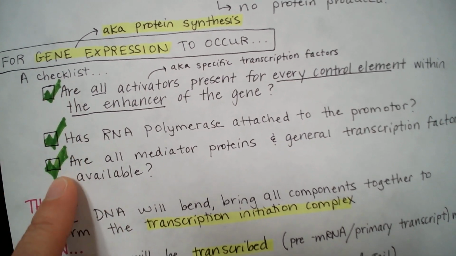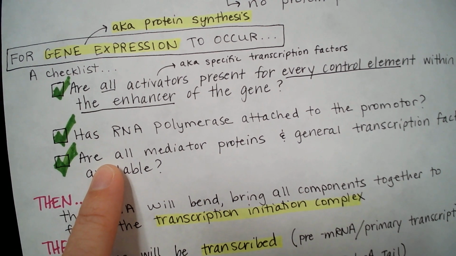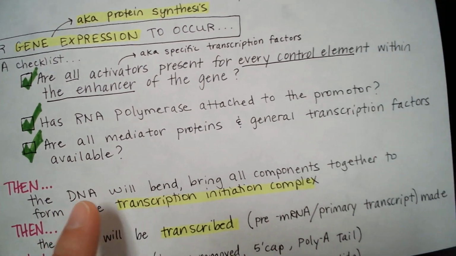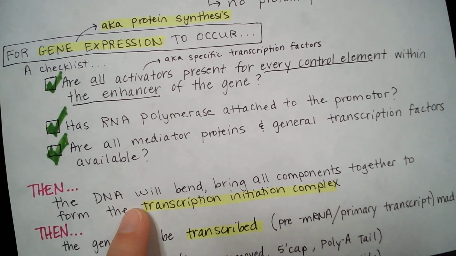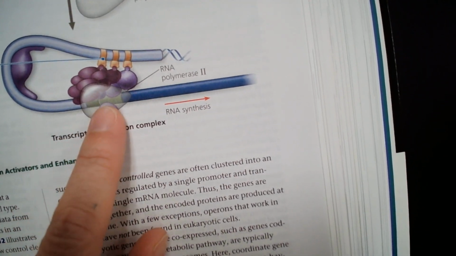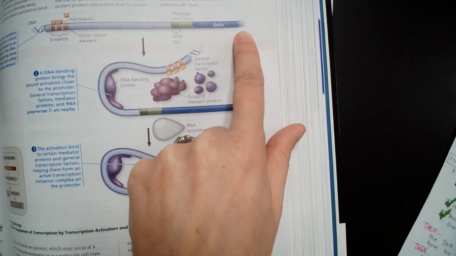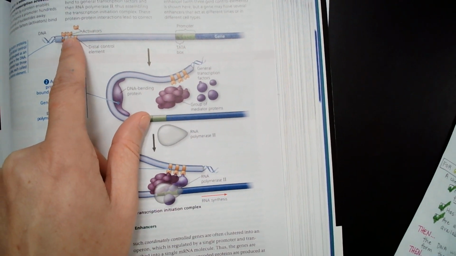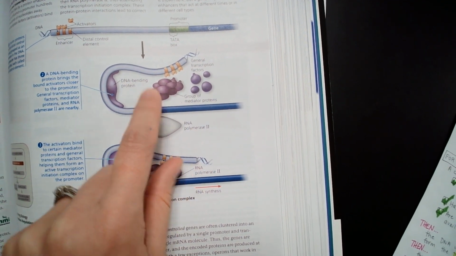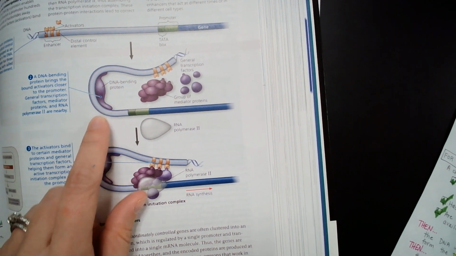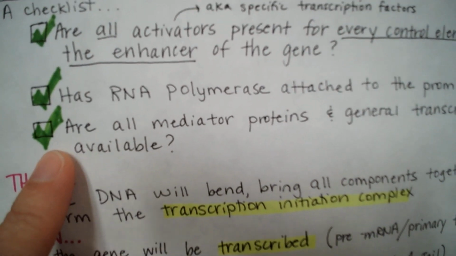If you got check marks on all of these things, then you can initiate transcription. So the DNA will bend, bringing all of the components together to form the transcription initiation complex. Remember, your DNA is linear, but to bring these activators over to the promoter where RNA polymerase is, that's what this bending protein is doing. Bring that over. All right.